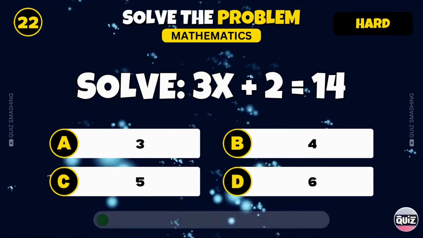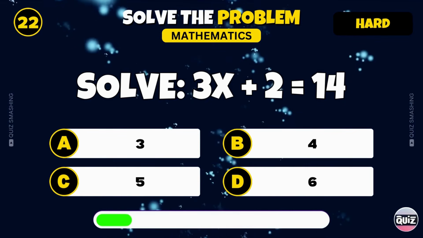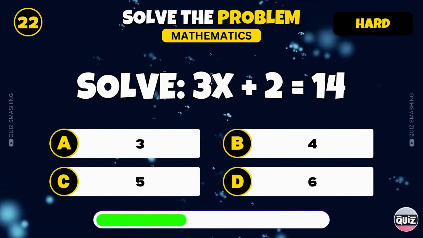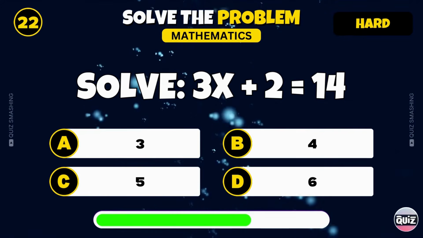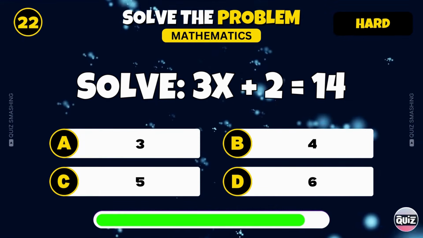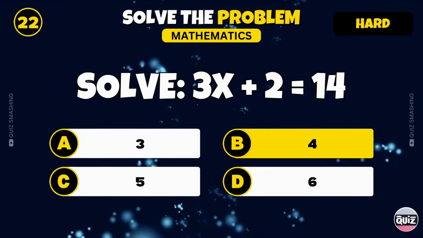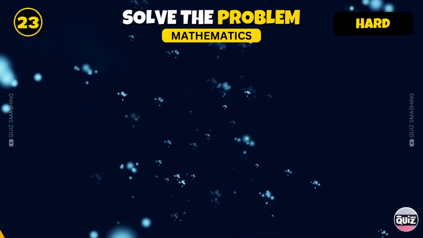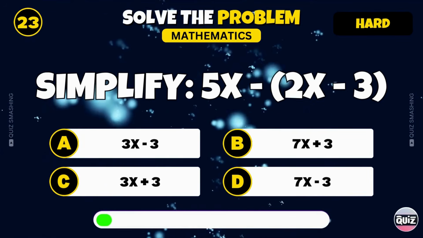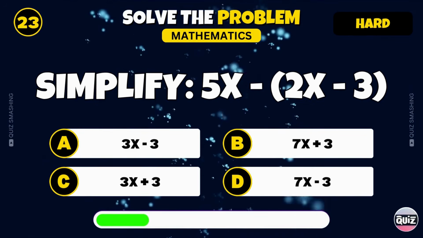Solve 3x plus 2 equals 14. Good job, x equals 4. Simplify 5x minus (2x minus 3).